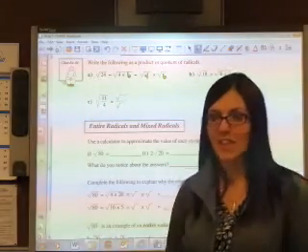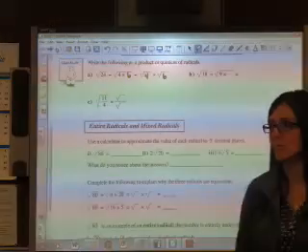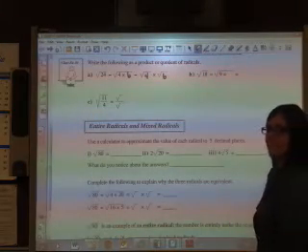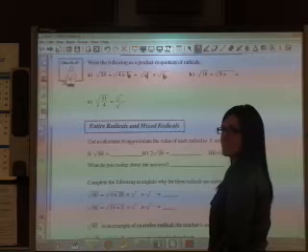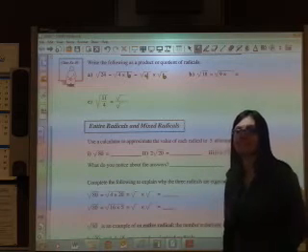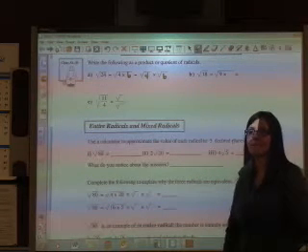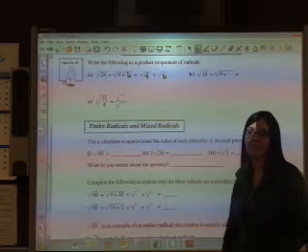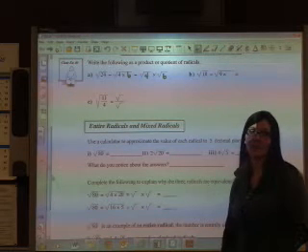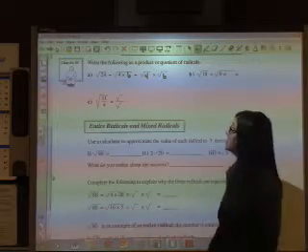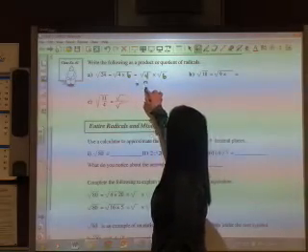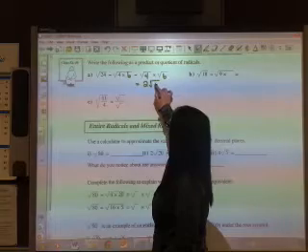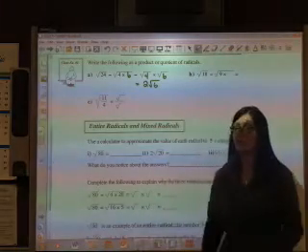Is there anything that you can tell me about these 2 radicals? Is there anything that you can do to the square root of 4? And what do I get when I square root it? 2. So then I have 2 times the square root of 6.